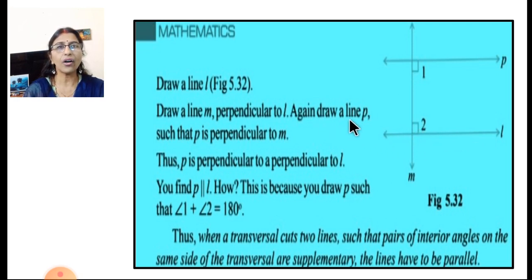Now again draw a line P, such that P is perpendicular to M. You can see here P is perpendicular to M as it is forming a 90 degree angle.